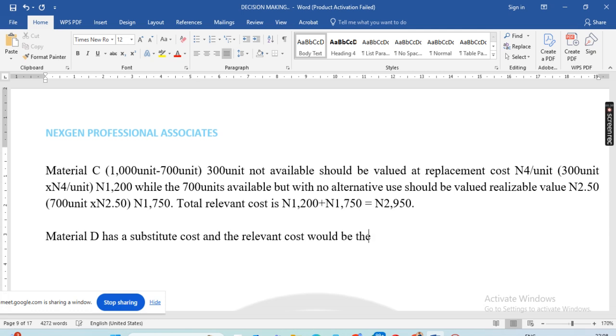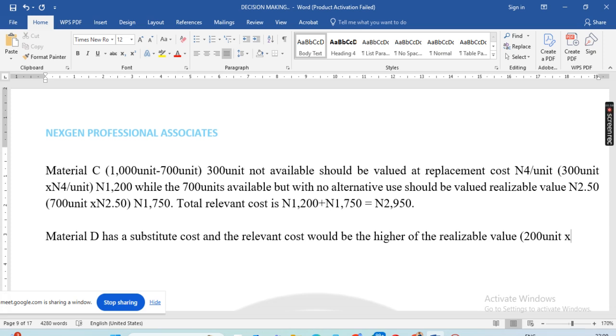Would be the higher of the realizable value, which is the 200 units. 200 units times, what is the realizable cost?